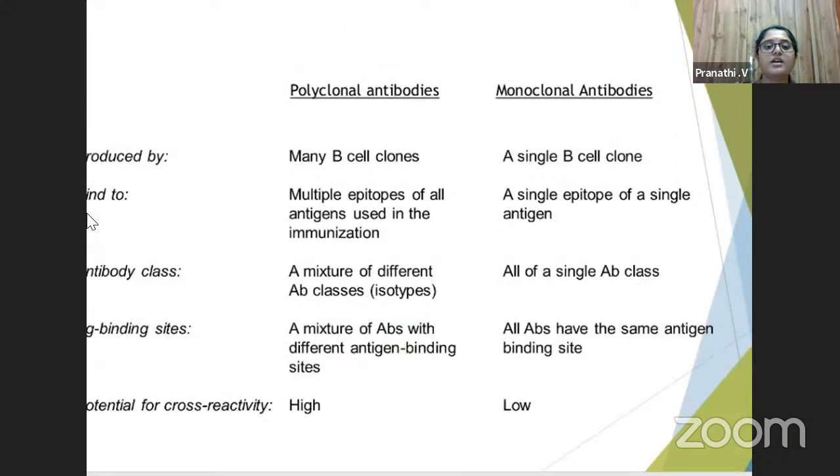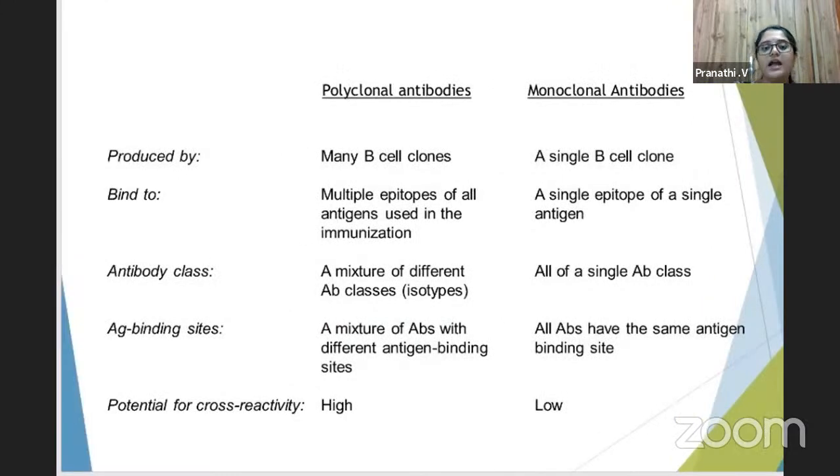So, the purpose of monoclonal and polyclonal: first thing is polyclonal is produced by many B cell types, whereas over here, monoclonal is from a single B cell clone. Polyclonal antibodies bind to different kinds of epitopes of different antigens, whereas monoclonal, only a single epitope is present and a single antigen is going to be bound by these monoclonal antibodies.